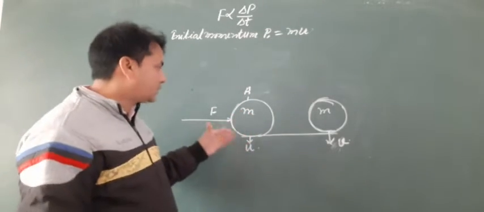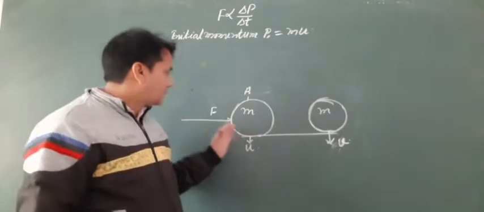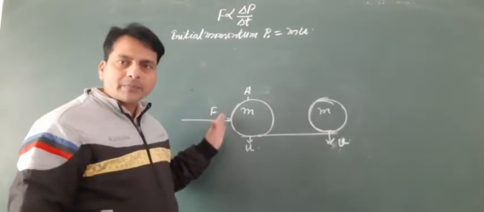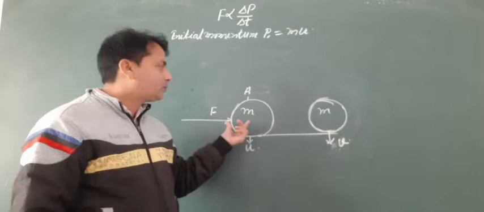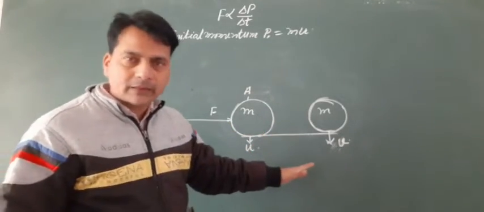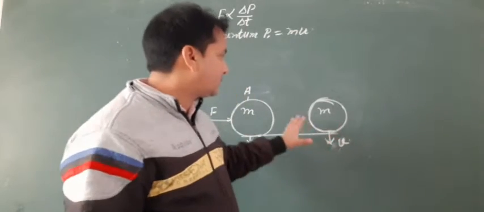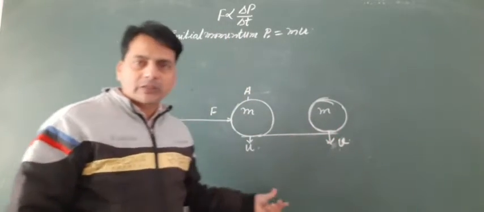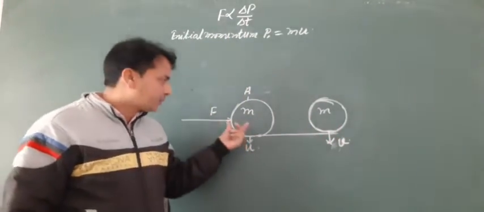If we apply external force F, the object moves and the velocity changes to the final velocity. The mass cannot change in this situation.